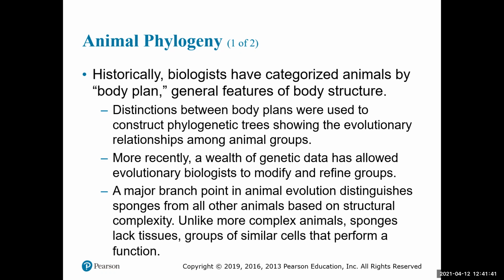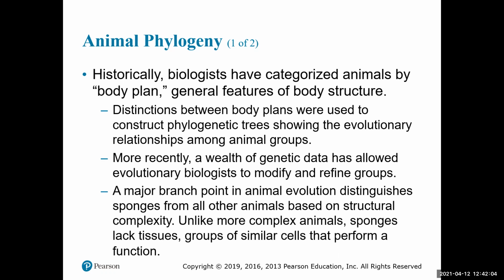Sponges don't have a truly formed body. They don't have a real true body plan, so they're asymmetrical. They don't have true tissues, and they're basically made up of a group of cells that all perform the same function.